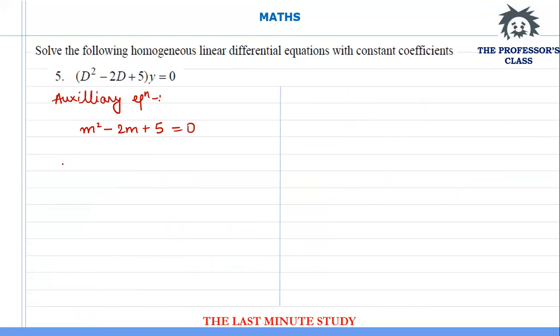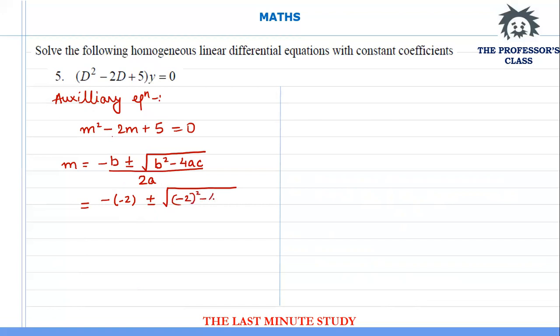So I'll be using the solution of a quadratic equation, which is given as minus b plus or minus under root of b square minus 4ac over 2a. Now, in my case, the value of b will be equal to minus 2. So minus of minus 2 plus or minus the root of minus 2 square minus 4. Since there is nothing over here, I'll write it down as 1.